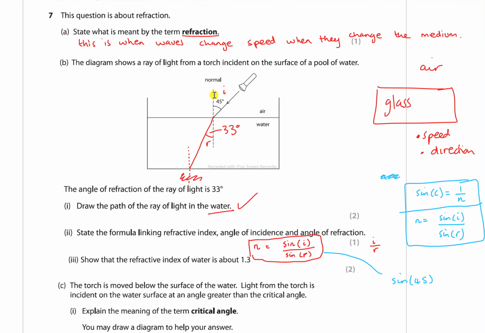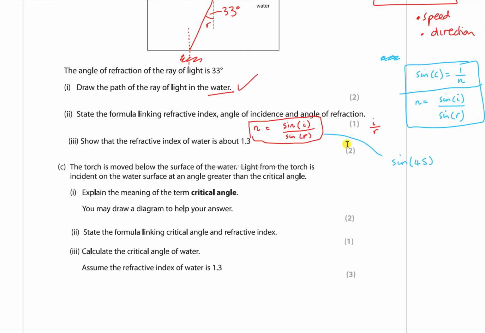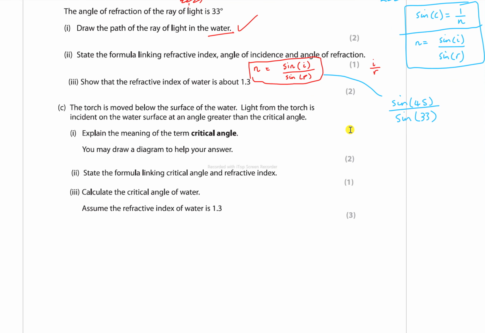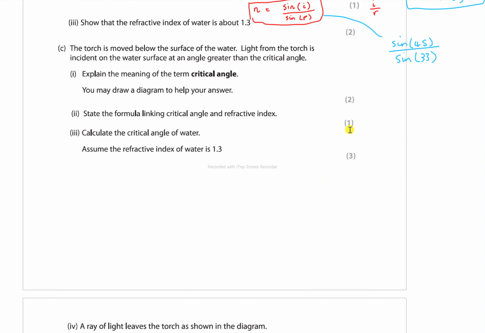From here, divided by sine r, which is 33 degrees, which is this one that we drew. When you do that, you get 1.30. They tend to work to 2 decimal places or 3 significant figures.